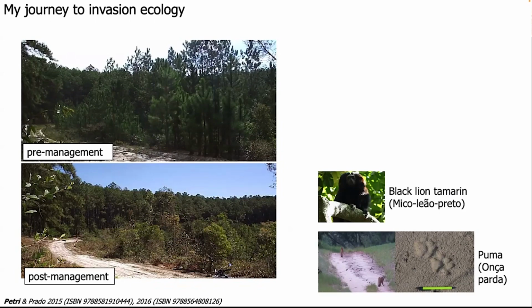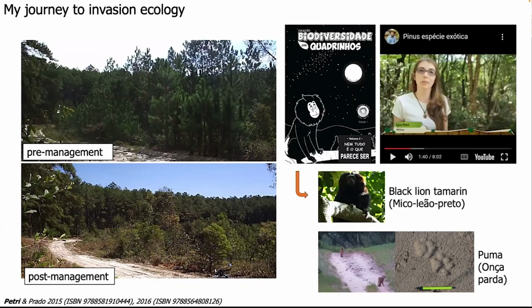You're removing all the trees, why are you doing that? Black lion tamarin was locally extinct, and once the management action was done, it started to return from surrounding areas, and we had quite a few pumas moving around in that landscape. Those are some examples of animals that were really important in that area.